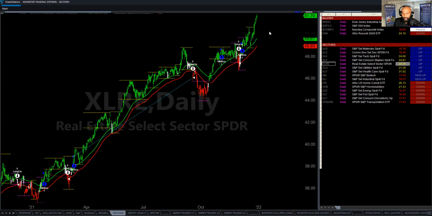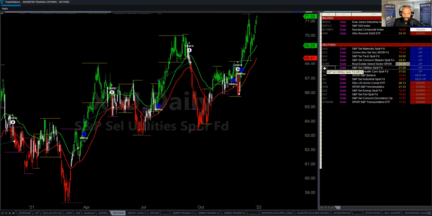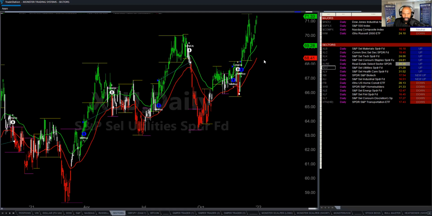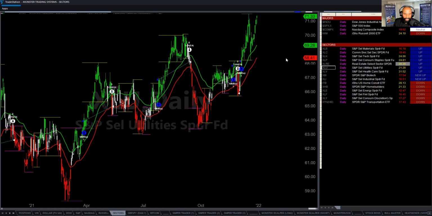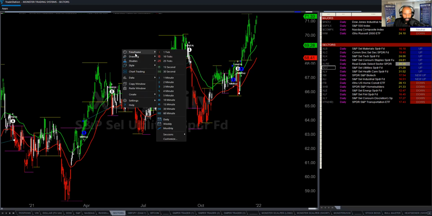And I think utilities, let's take a look at utilities. Utilities is another good one. I'm surprised by utilities, but that's a good one. Nice buy signal on this break of resistance, and it had pretty strong resistance here.